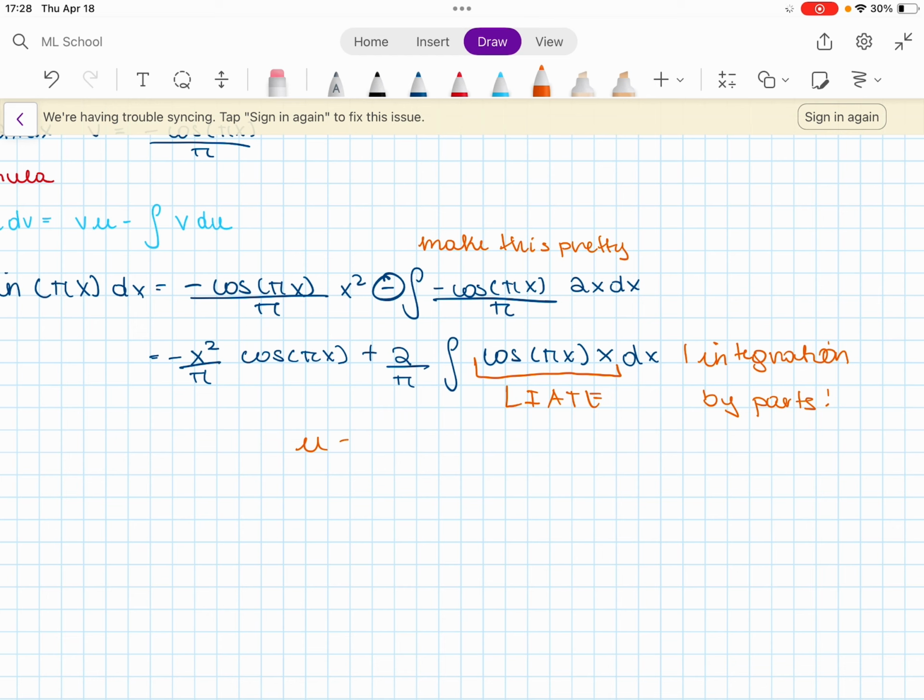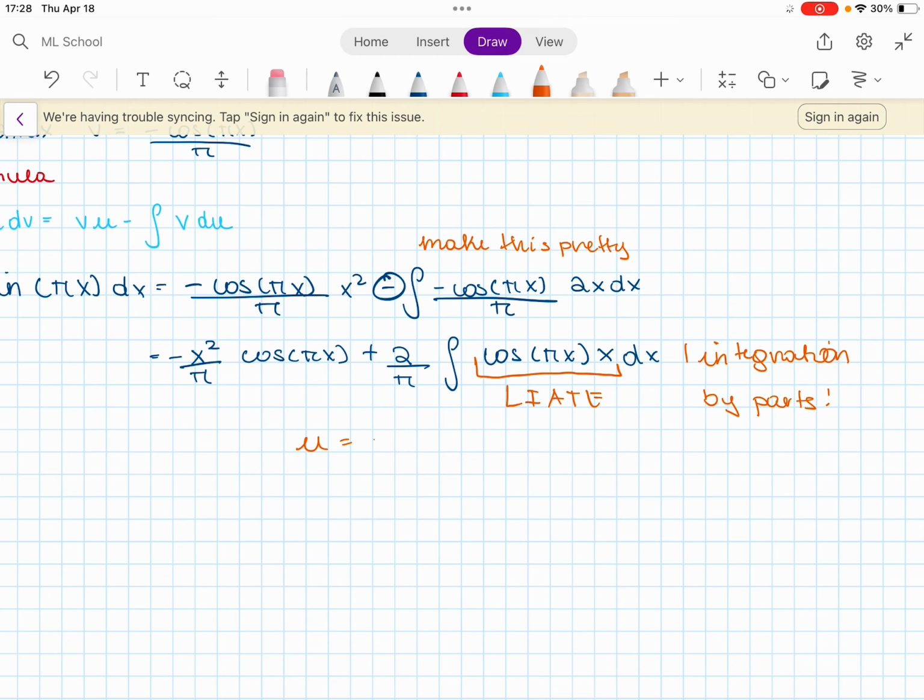For our u, I guess we have x, and then du, the derivative of that, will be dx, and then we have cosine, which will be our dv, so it will be cosine of pi x dx, and we have our v, which will be minus sine of pi x divided by pi.